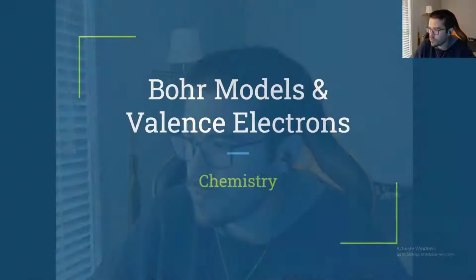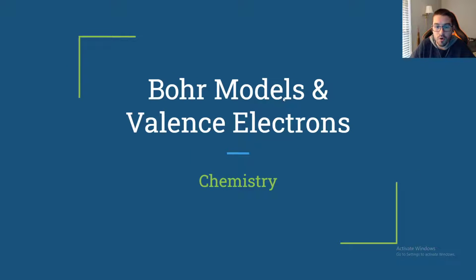This is going to be a very short and sweet video for a couple of reasons. So let's get into it. We're going to be talking about Bohr models and valence electrons.